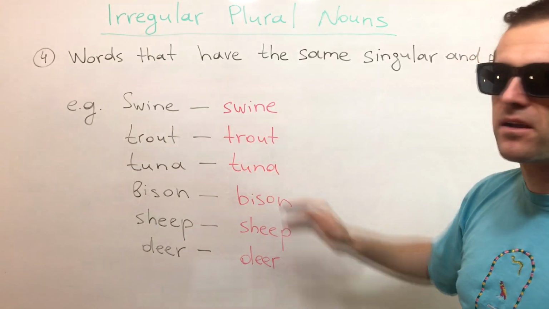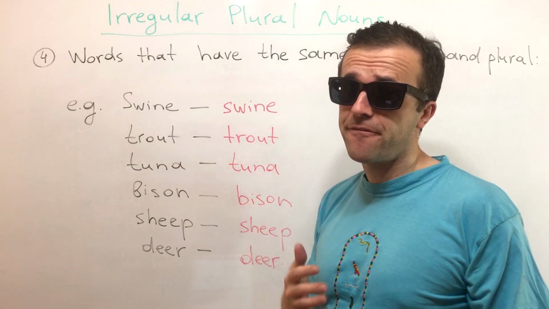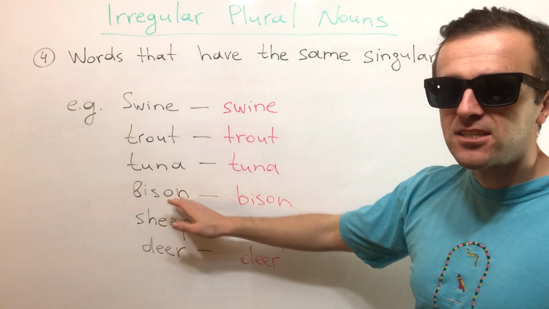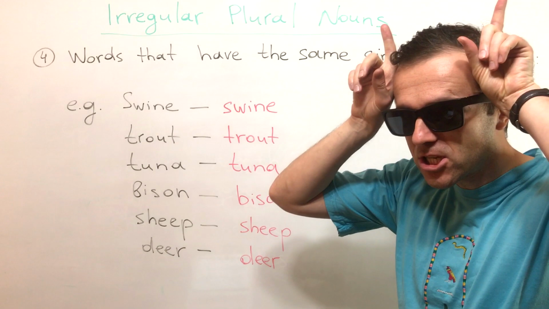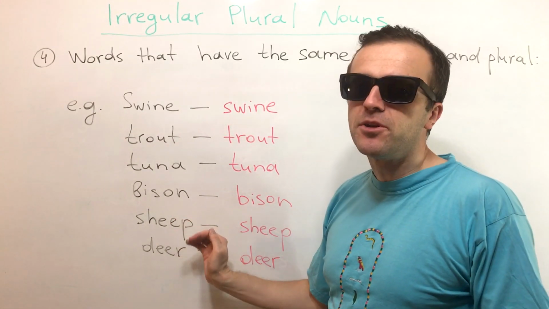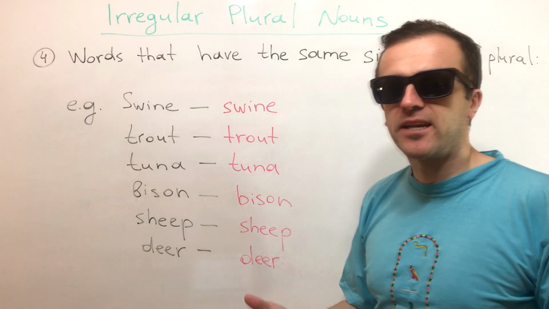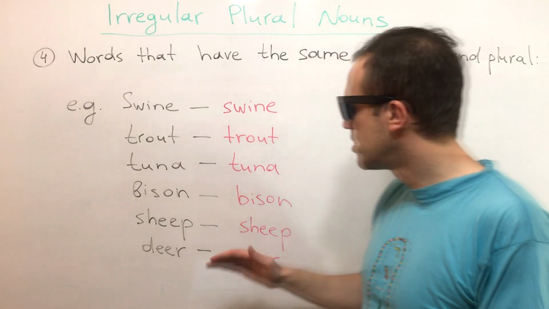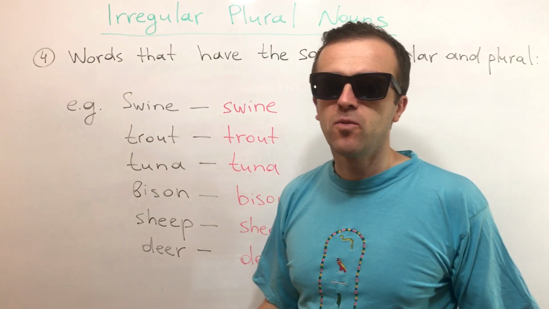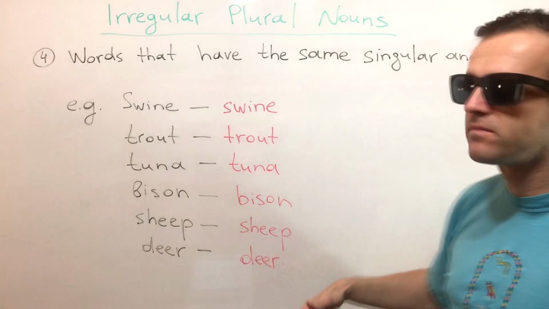Tuna, tuna. Fish, fish also, but sometimes fish can be fishes. Bison, bison. Like sheep, you know? Like an animal, a domestic animal. Sheep, sheep. And deer, an animal with the horns in the forest. Deer.